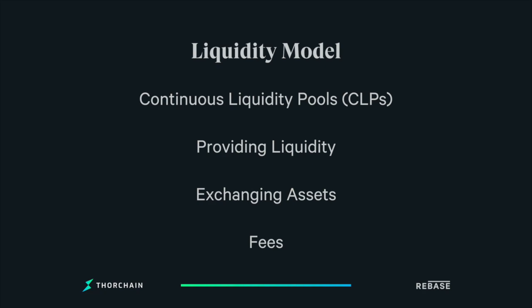Next, let's talk a little bit about liquidity and how the liquidity works on THORChain. THORChain uses a model called continuous liquidity pools, or CLPs. THORChain keeps pools of assets. These pools contain an external asset and Rune.